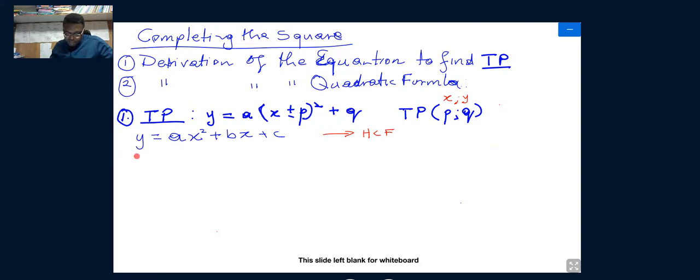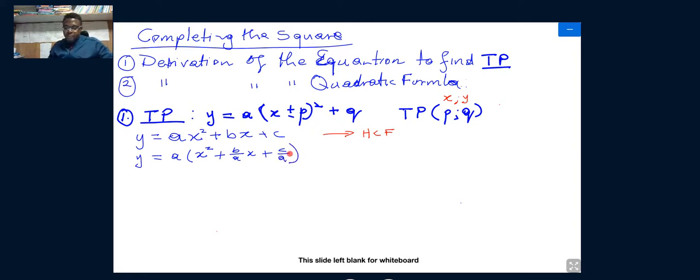Now, it's a times x squared plus b over a x plus c over a.